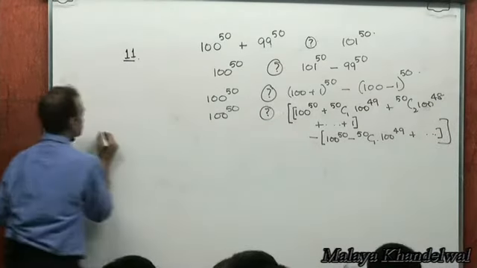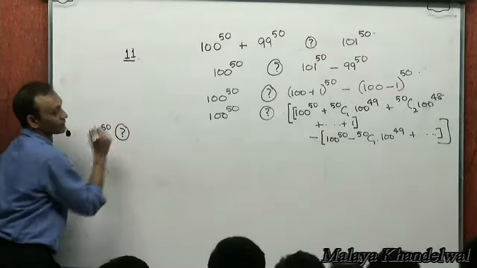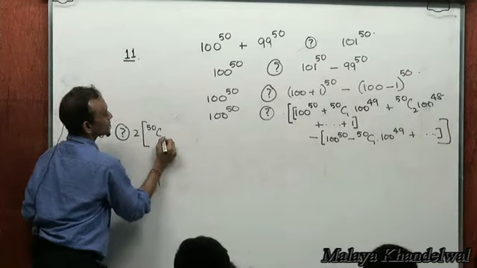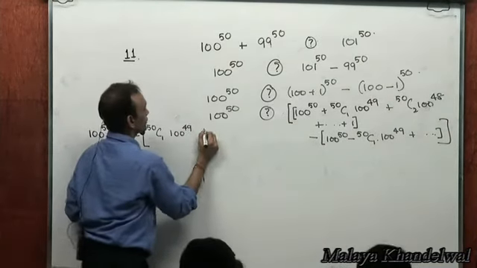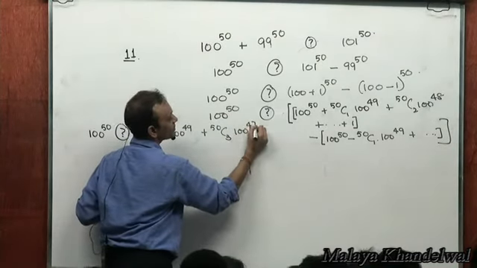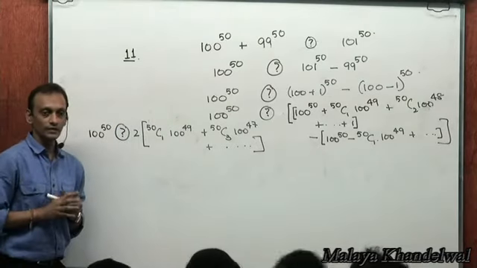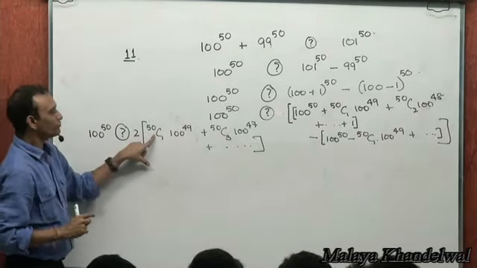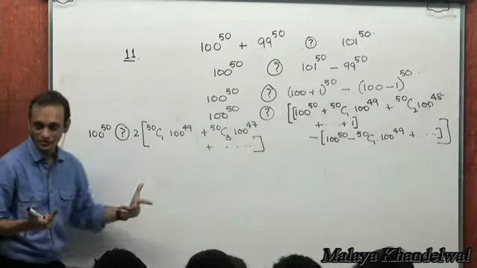So eventually 100 to power 50 I'm just comparing with twice 50C1 100 to power 49 plus 50C3 100 to power 47, right? 2 into 50 into 100, this is 100 to power 50, and plus some positive terms.